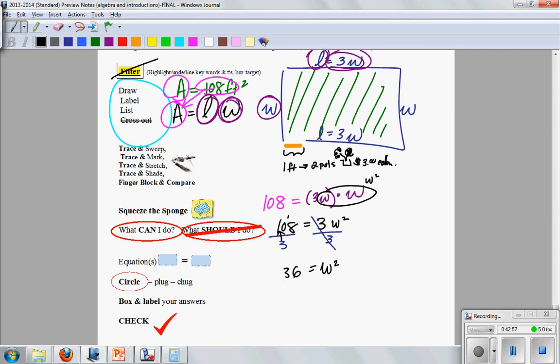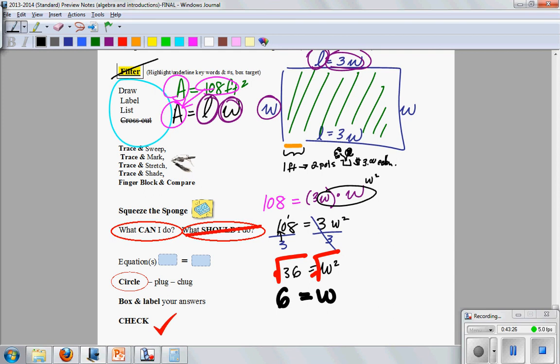Now what I'm about to show you is incorrect, so don't write it down. This would be incorrect. See what I did there? That's incorrect, because to undo a square, you don't divide by 2. The backtracking of squaring is square rooting. So the opposite of squaring is square root. So we get W equals the square root of 36, which is 6.